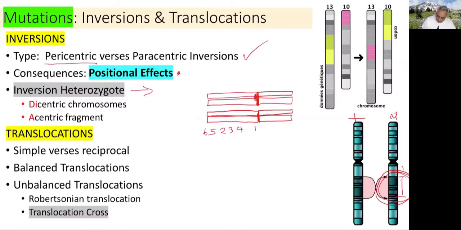So the long arm of the chromosome, the Q arm, has an inversion, whereas the wild type chromosome still has the original configuration of segments, and so does the sister chromatid, right?